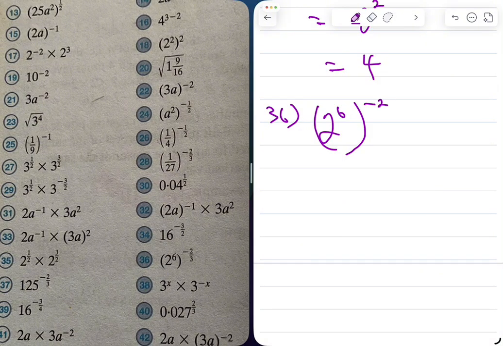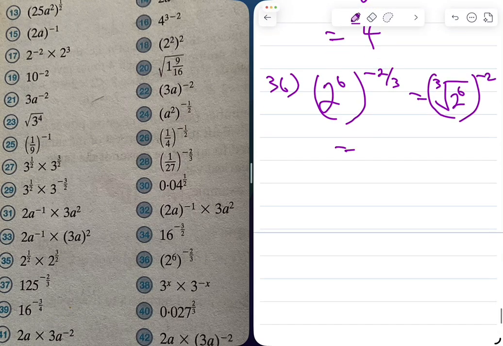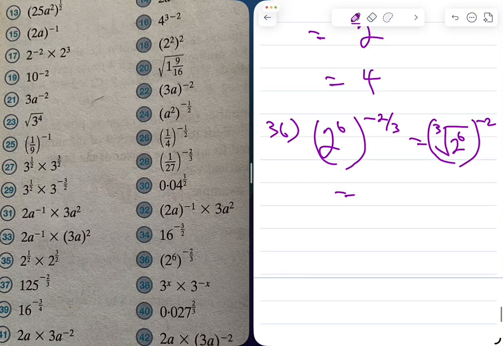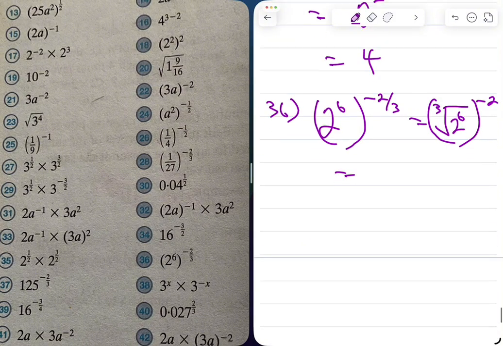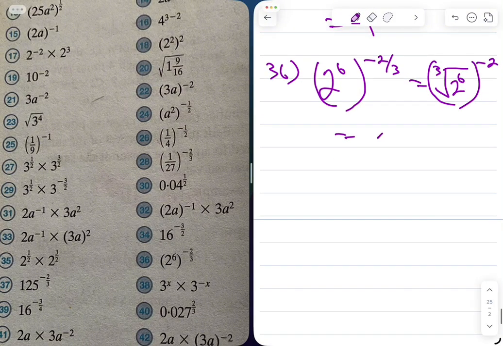That simply means the cube root of 2 raised to power 6 raised to power minus 2. Number 36, the cube root of 2 raised to power 6 raised to power minus 2, and that simply means 2 raised to power 6 raised to power 1 over 3.